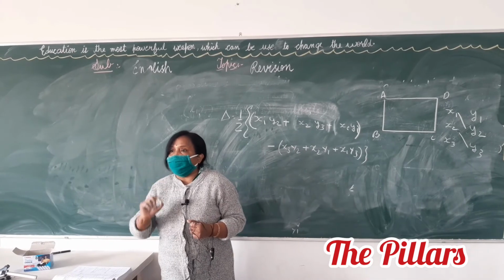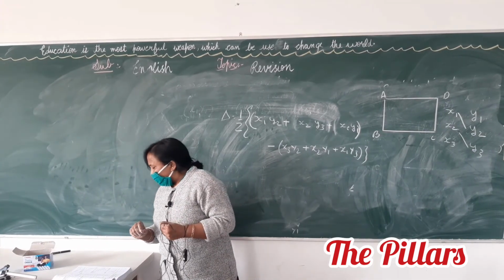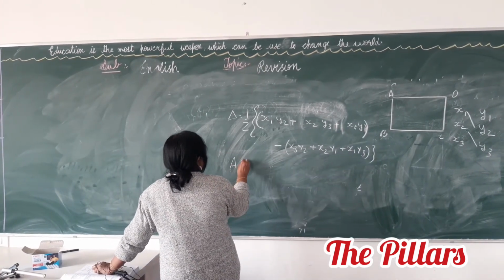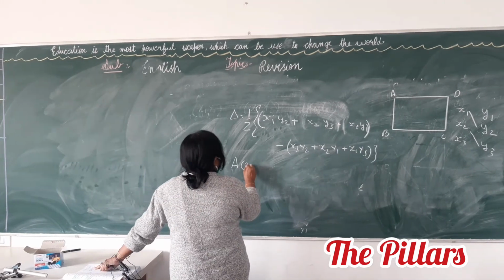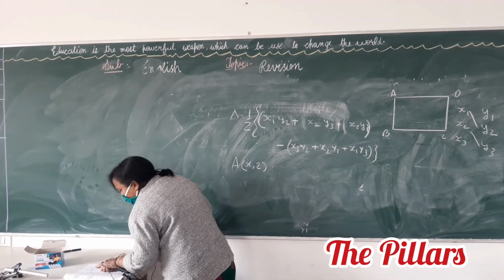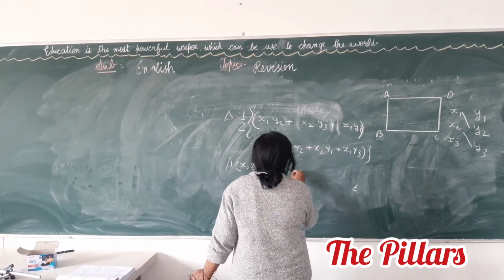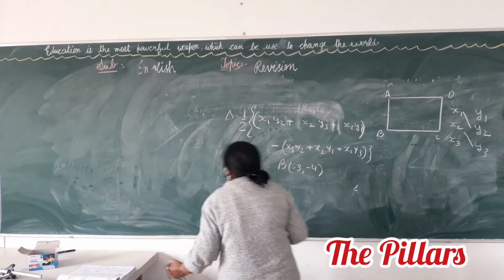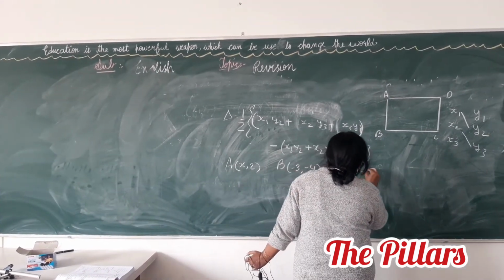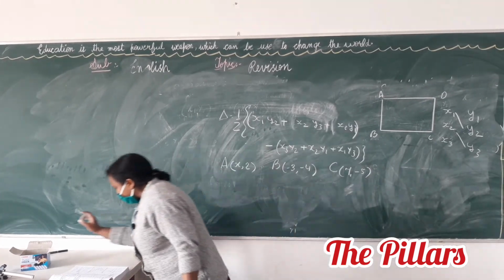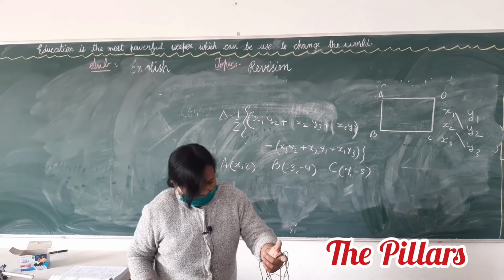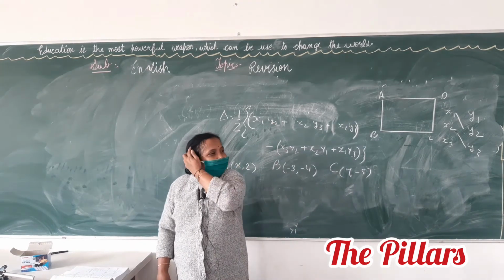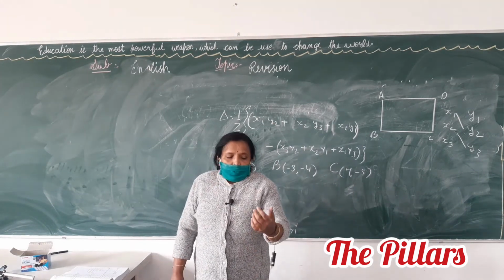Please write the question properly. If the points A, x comma 2, B, minus 3 minus 4, and C, 7 minus 5, are collinear.